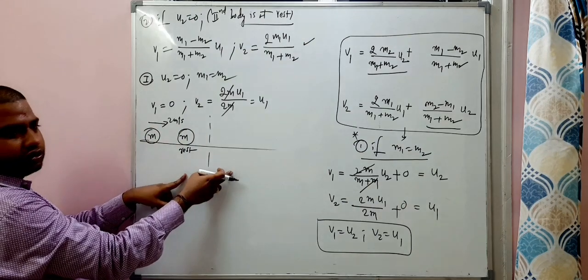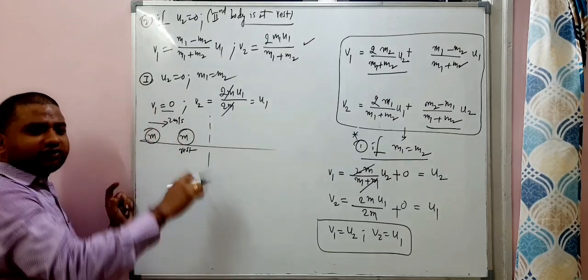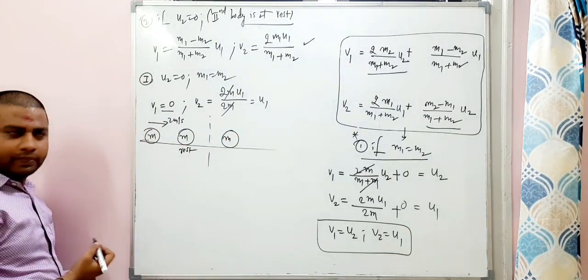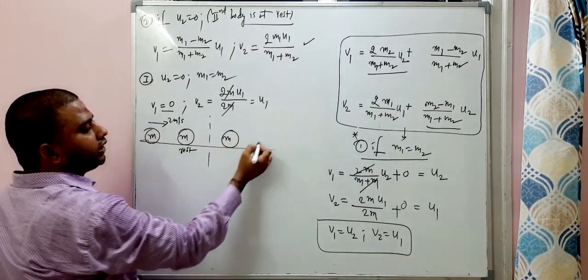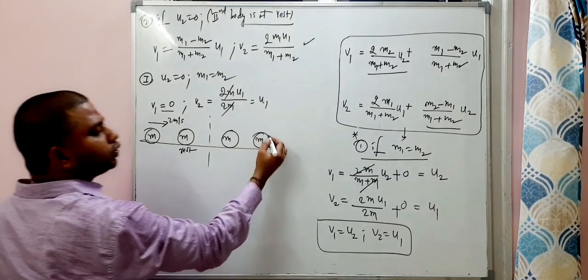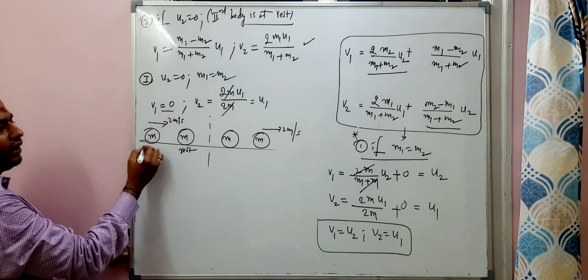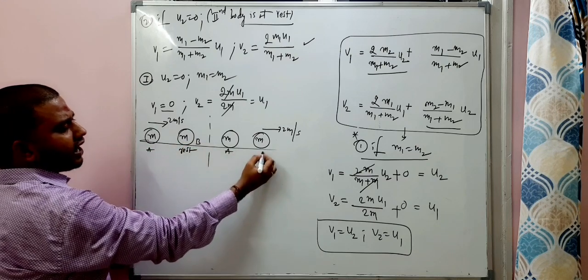After the collision, v1 is 0, so the first body comes to rest. And the second body must move with the initial velocity of the first body, with that velocity of 2 meters per second. Observe, this is body A and this is body B.